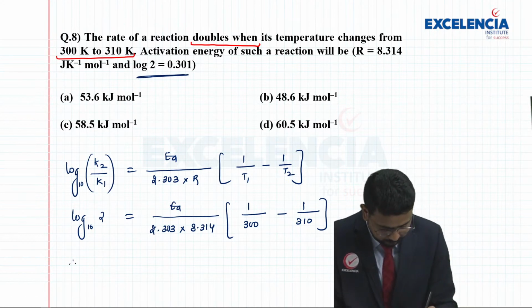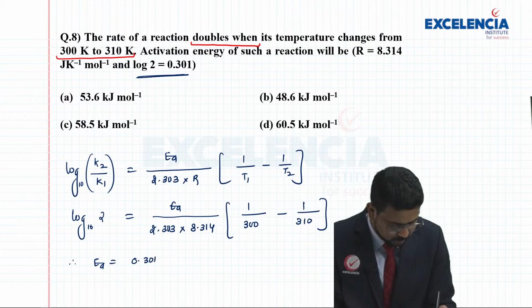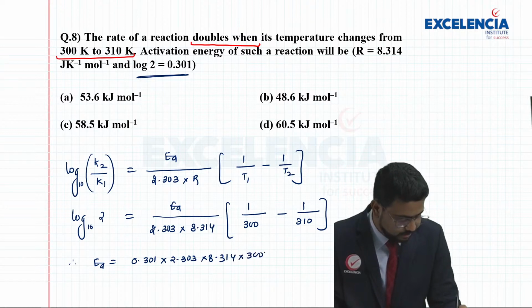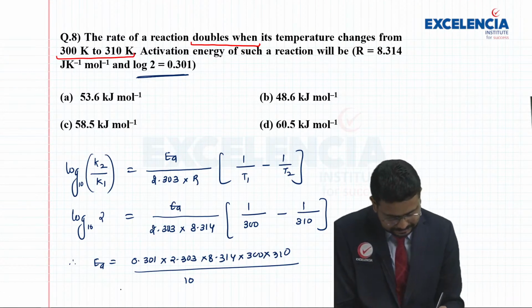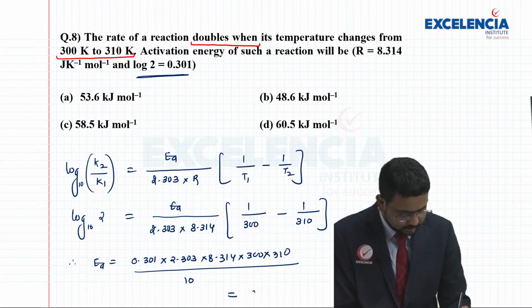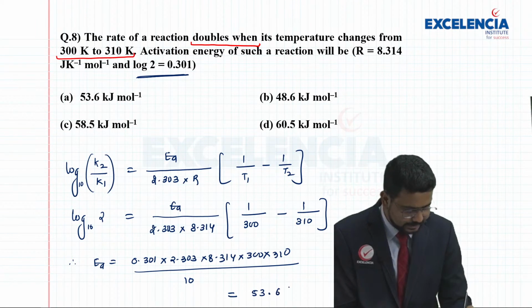So, now definitely when I find the answer for EA, it is going to be 0.301 into 2.303 into 8.314 times 300 times 310 over 10. So, when you solve this, you will realize that your answer comes out to be 53.6 kilojoule per mole.